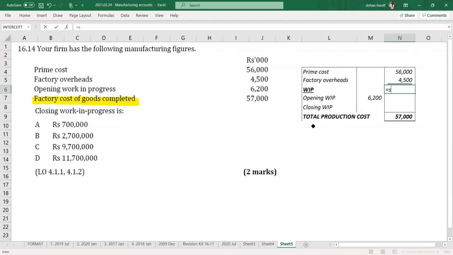So here the total is 60,000. What is the answer?